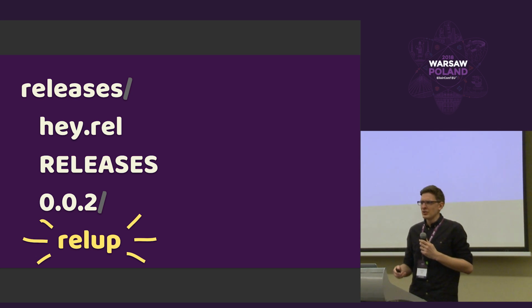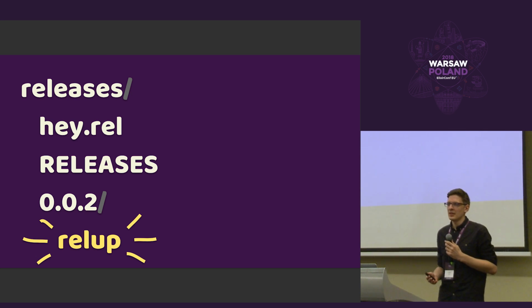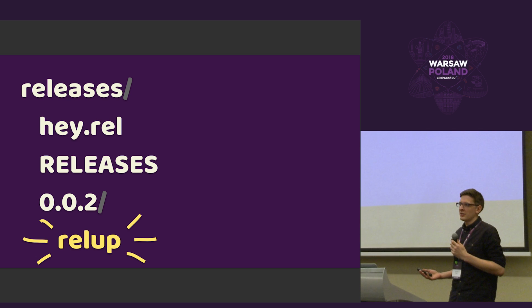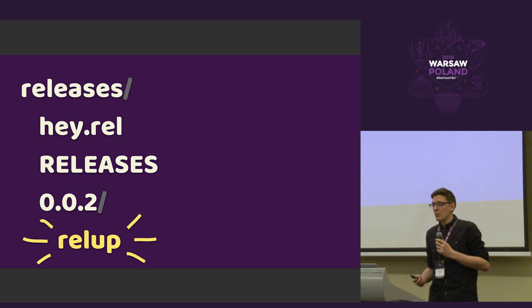There is really no notion of an upgrade-only or delta release. There's only releases and releases that know how to upgrade from a given previous version of themselves. Keep that in mind, it confused me. We'll look at the contents of this relup file in just a moment.